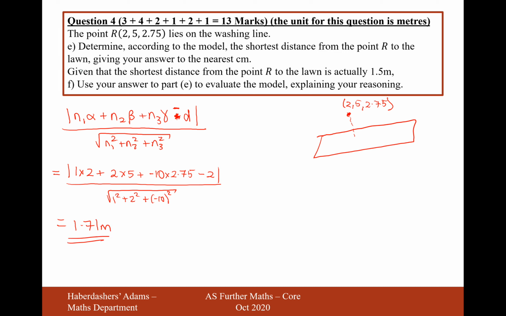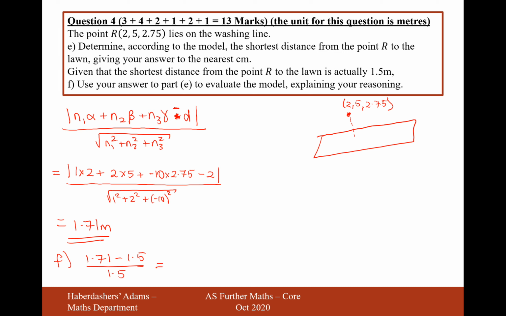Given the shortest distance from the point L is actually 1.5 meters, use your answer in part E to evaluate the model, explaining your reasoning. Well, 1.71 is quite different to 1.5. We could even work out a percentage error here. If we do 1.71 minus 1.5 over 1.5, let's do that on the calculator now.